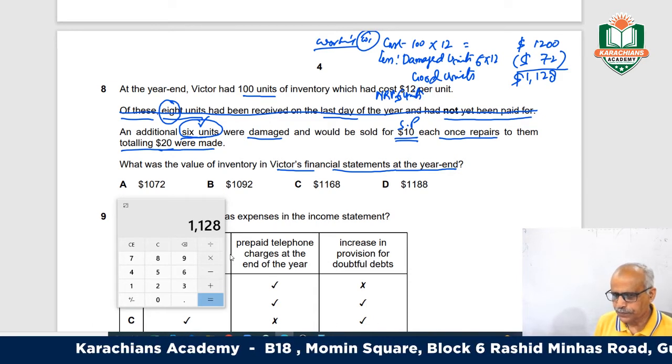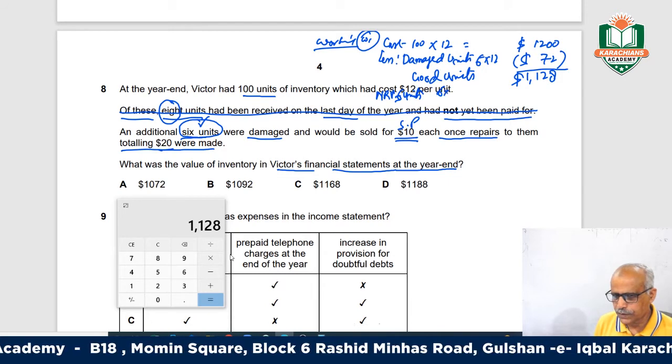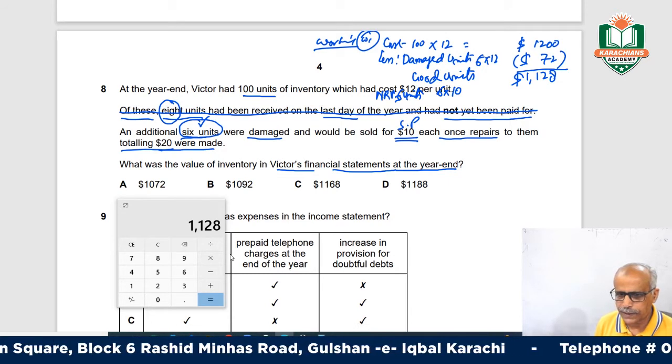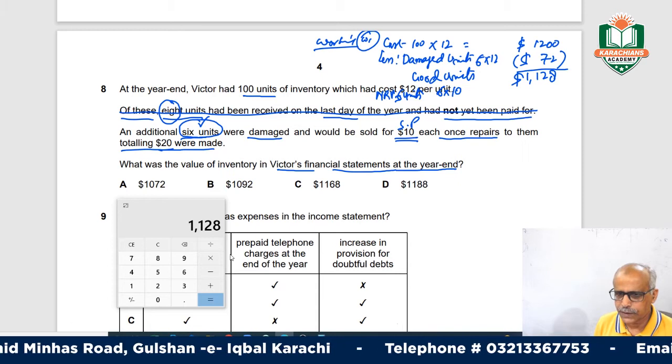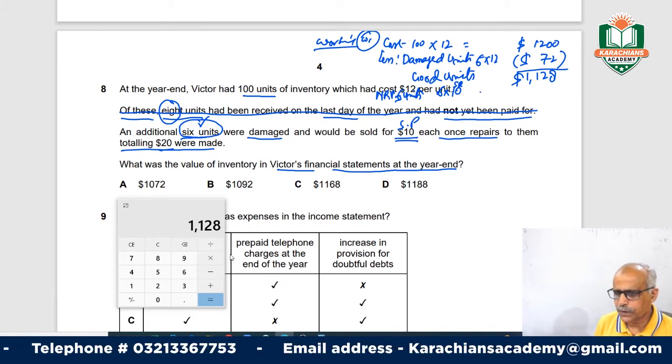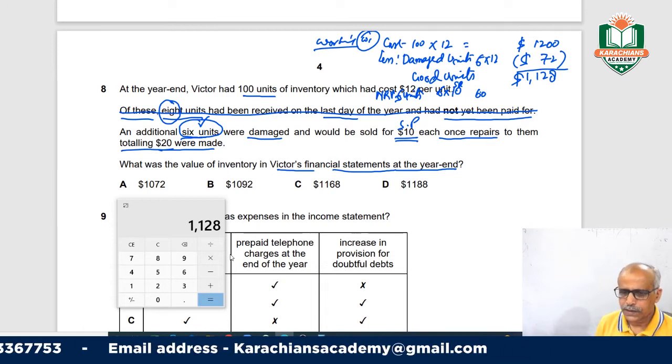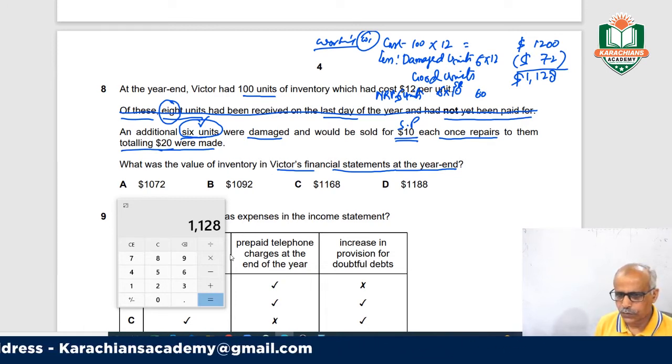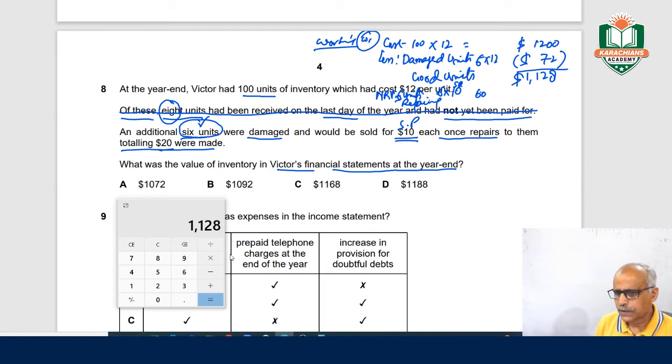This will be 6 units into 10. This is the sales price. The sales price is 60. Okay. So repairing is total 20.